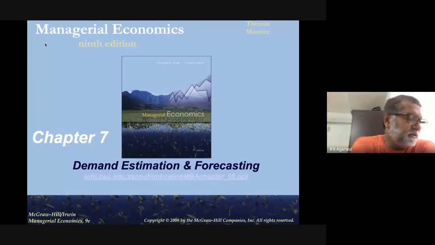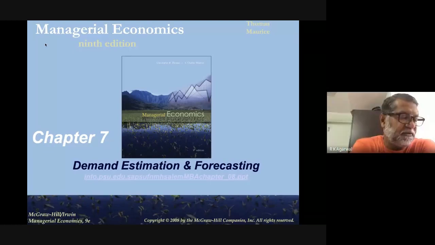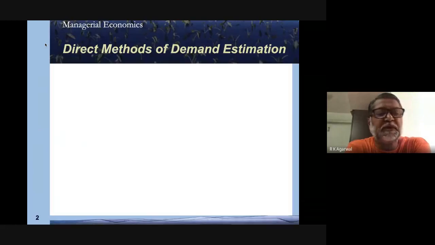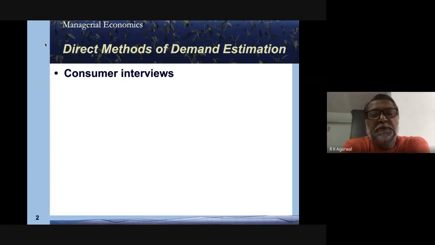called demand estimation and forecasting. So let us just quickly go through some preliminaries about it. So if you wish to estimate demand, by the way, what do you think does the word estimation of demand mean?